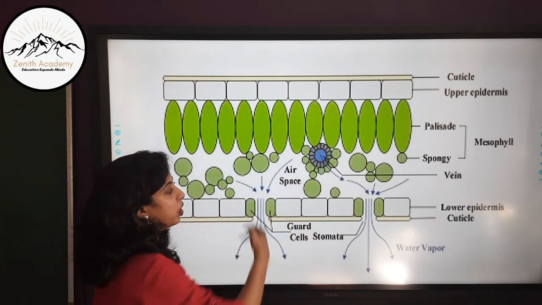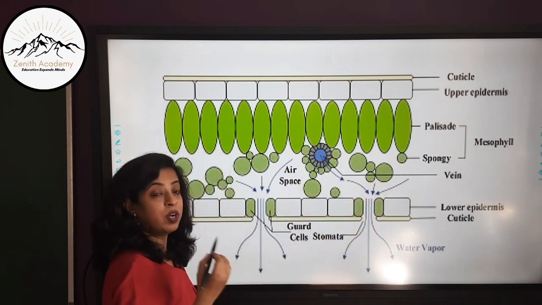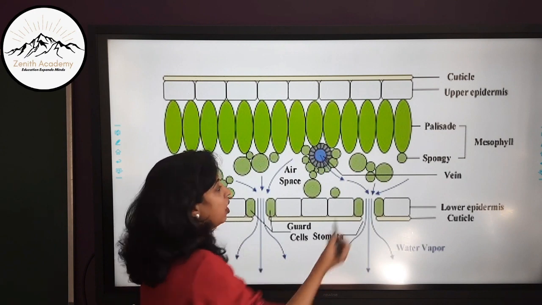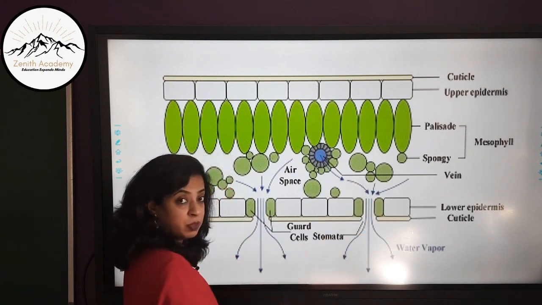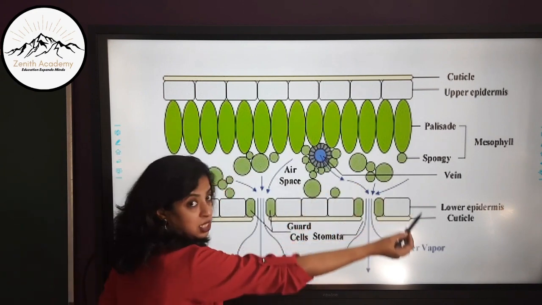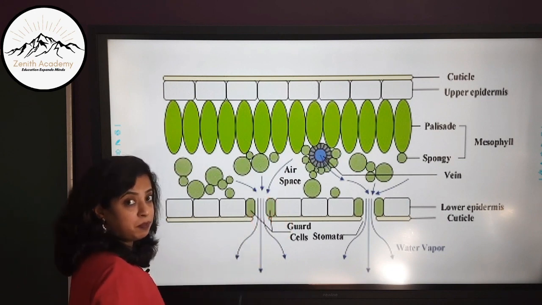Now, when this water evaporates, it fills the air space. Once the air space is saturated with the water vapor that has come out from the spongy mesophyll, this diffuses to the other air spaces and ultimately it reaches the substomatal spaces.